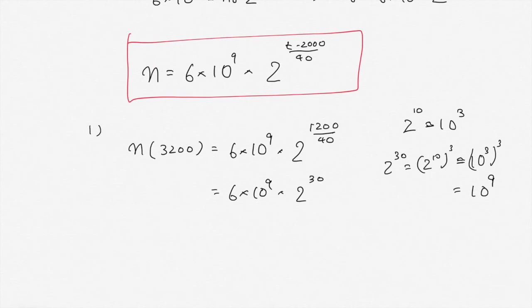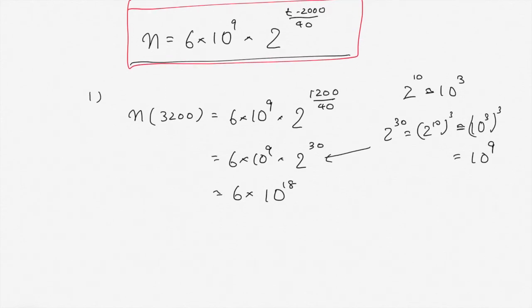Then you can substitute these numbers here, so it's about 6 times 10 to the 18th. This is about the population in the future, if you believe that this formula is a really good approximation to predict the numbers in recent years.